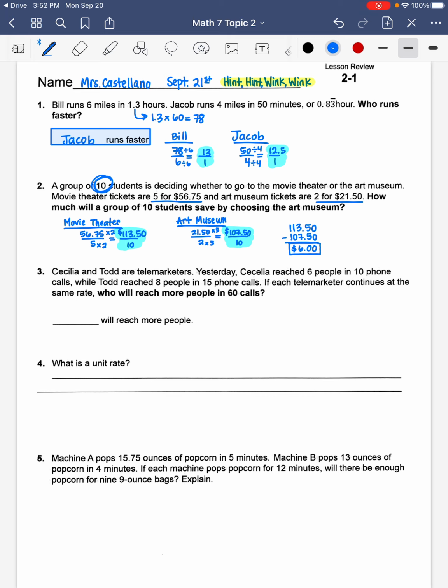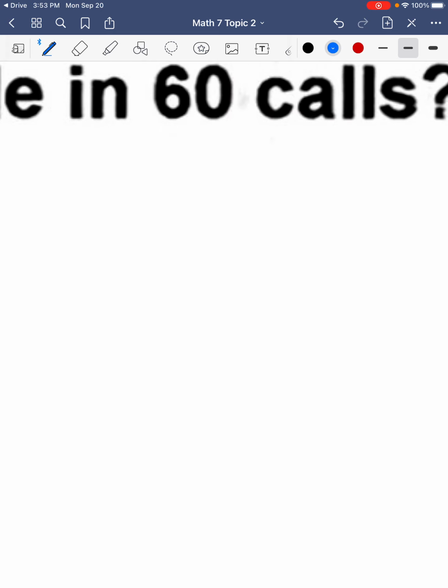Okay, moving on to number 3. Cecilia and Todd are telemarketers. Yesterday, Cecilia reached 6 people in 10 phone calls, while Todd reached 8 people in 15 phone calls. If each telemarketer continues at the same rate, who will reach more people in 60 calls? Well, let's write down some information about Cecilia.